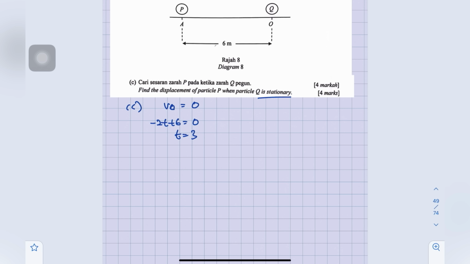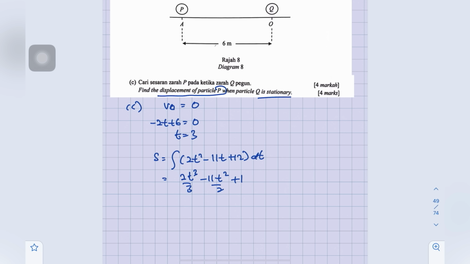Okay, when t equals to 3, you have to find the displacement of particle P. So to find displacement, we need to integrate velocity of particle P, which is 2t squared minus 11t plus 12 with respect to t. So integrate: 2t cubed over 3 minus 11t squared over 2 plus 12t plus c.